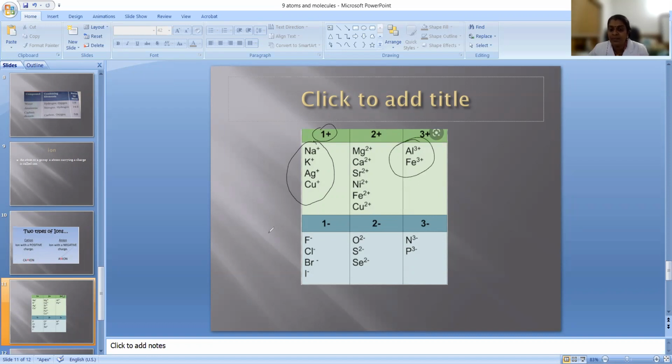Aluminium and Fe are 3+. Fe actually has two charges: in some cases it is +2, in some cases +3. The -1 oxidation state is fluorine, chlorine, bromine, and iodine. Oxygen, sulfur, and selenium are -2. And nitrogen and phosphorus are -3. You have to learn all this by heart.